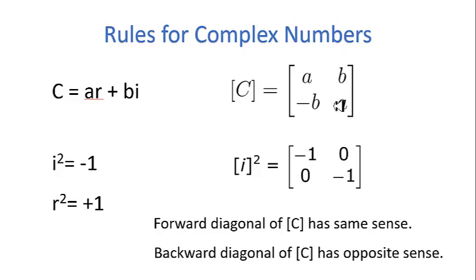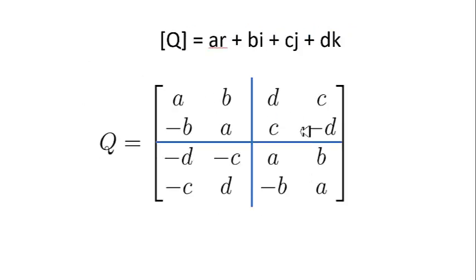As you can see here, the two-dimensional complex matrix has A, B, minus B. And what we find is that on the forward diagonal of the Quaternion matrix, we've got A, B, minus B, A, B, minus B. So the Quaternion matrix, at least on the forward diagonal, has a complex number here and a complex number here, and they are the same sense.